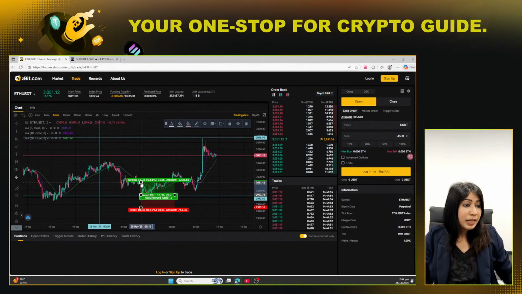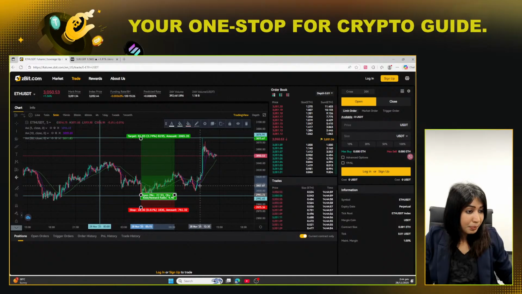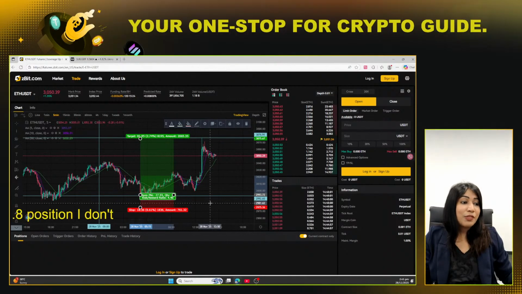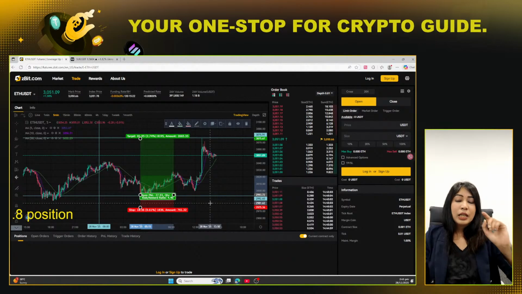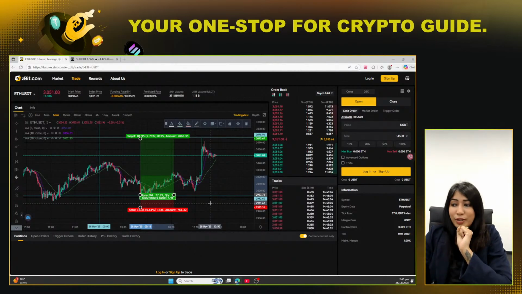It's definitely going to be a very high target, which we normally don't keep, and I don't recommend it. See, this was a 1:4.46. Do you keep 1:4.46 as your target? The answer is probably no, because we don't want to overdo things. We want to keep realistic numbers which are achievable. If we go for too much greed, the chances are we might lose out on everything, even if we were getting something here.